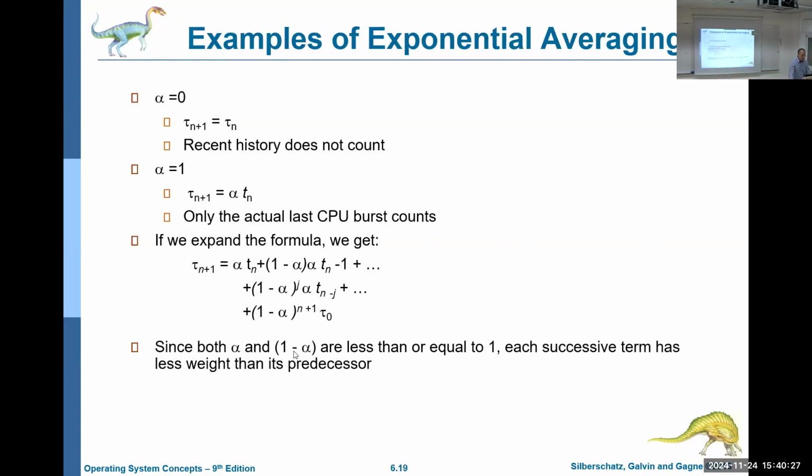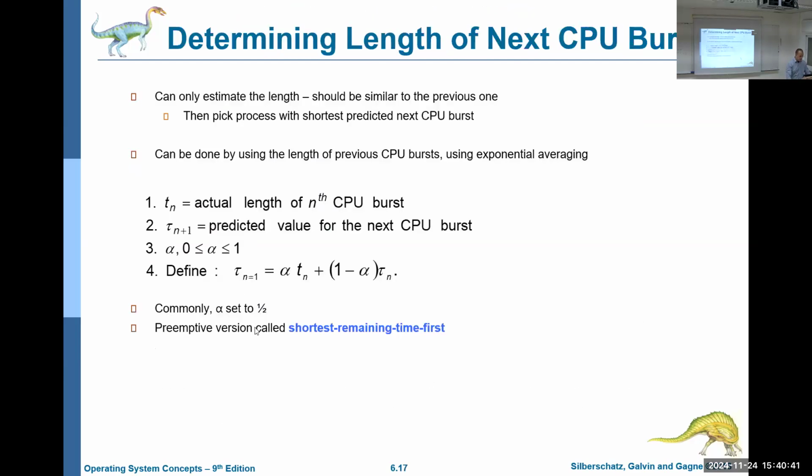On that slide, recent history does not count, that means previous times? Oh, yeah, I'm sorry, I skipped the beginning of the slide. If alpha would be 0, then if we go back to our formula, this element would disappear, and we would just have 1 times the previous guess. So if we started our guess at 10, our guess would never change.